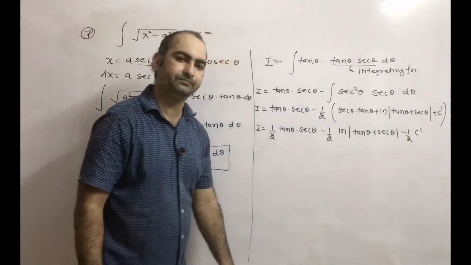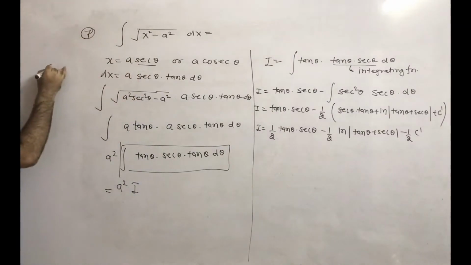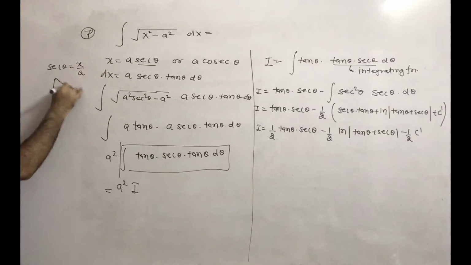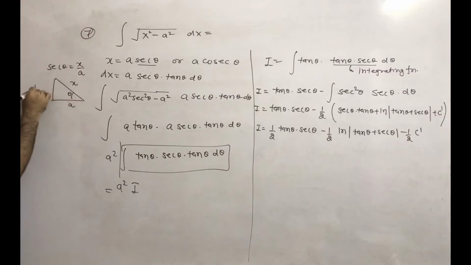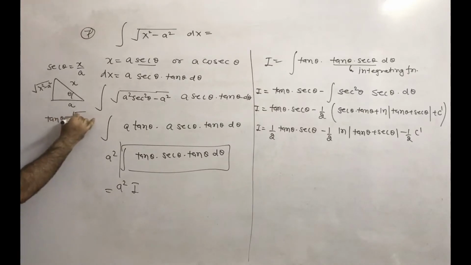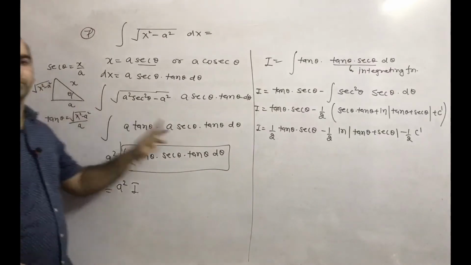Okay. Now we know that secant theta is x by a. So we make a triangle. Suppose this is theta. So x is this side, a is this side, so the third side is root over x square minus a square. From it, tan theta is root over x square minus a square divided by a. Now we put the tan theta and secant theta values here.